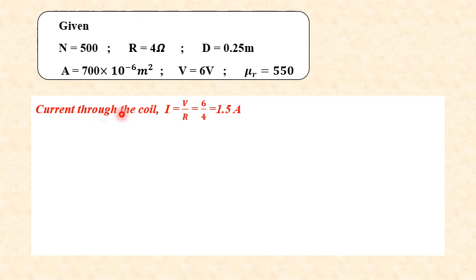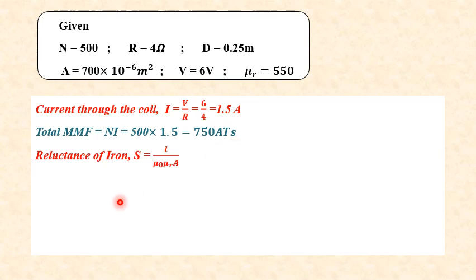Current is equal to voltage across the coil divided by resistance of the coil. So I equal to 6 by 4, which is equal to 1.5 amperes. Now we can find the total MMF as N into I, that is 500 into 1.5, and it will be obtained as 750 ampere turns.